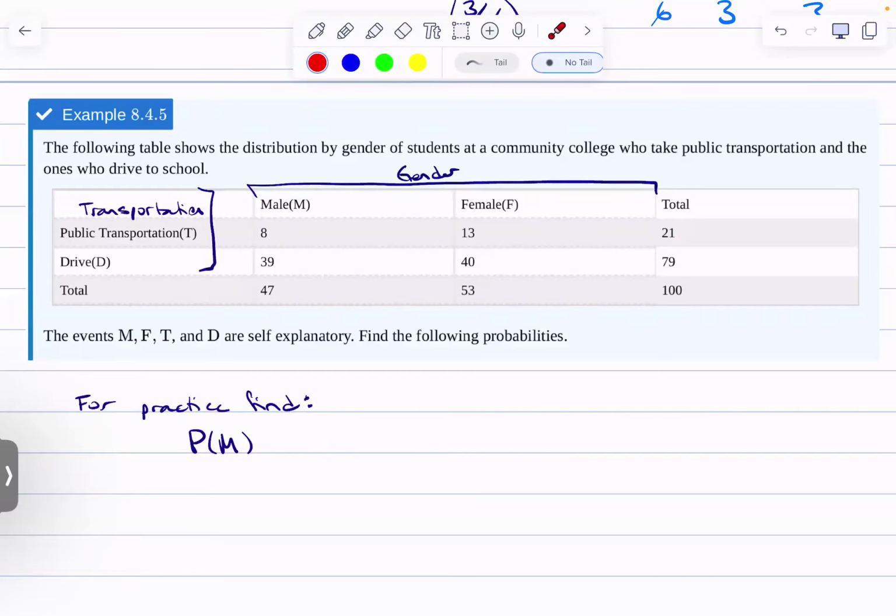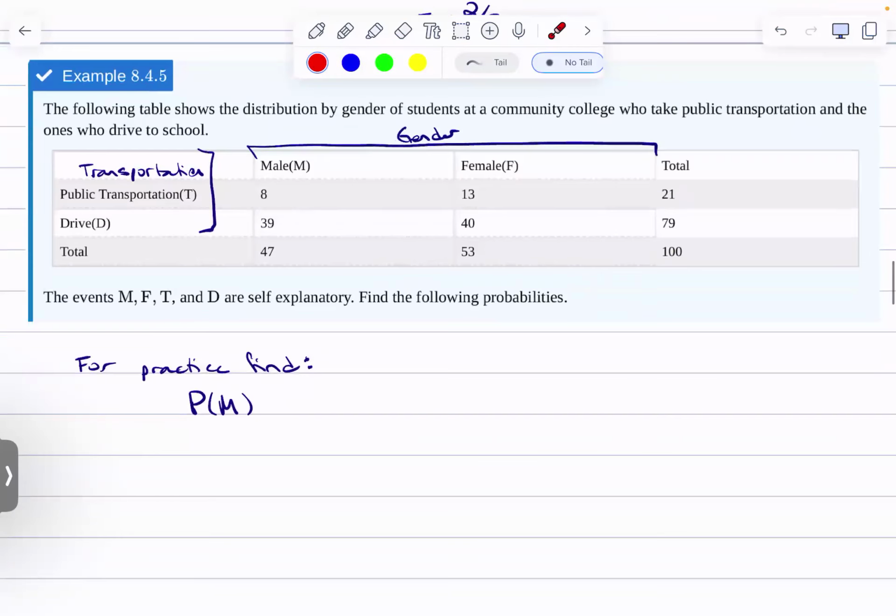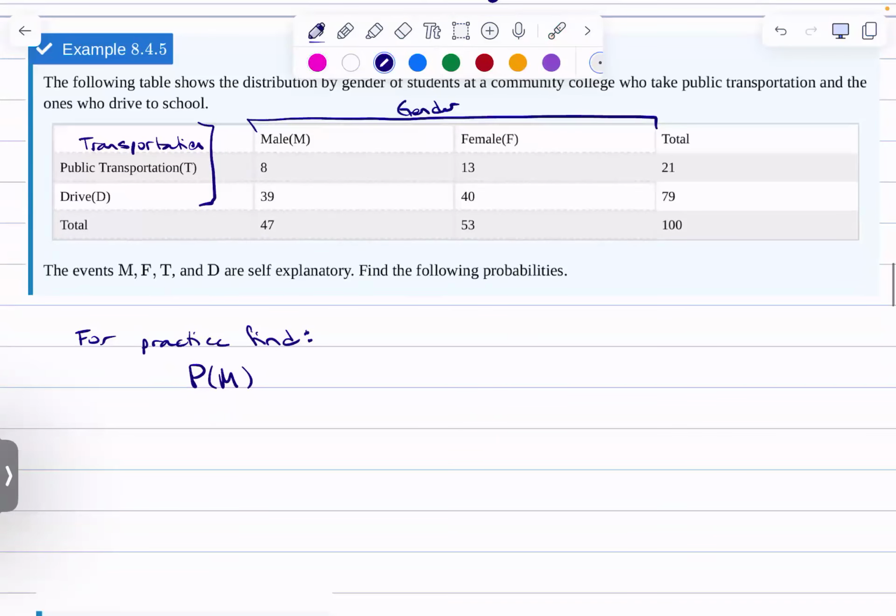And then do the same thing for the driving. But for the males, right, 47 out of 100 were male and 53 out of 100 were female. And so for practice, the probability of someone being male in this group would be 47 out of 100.